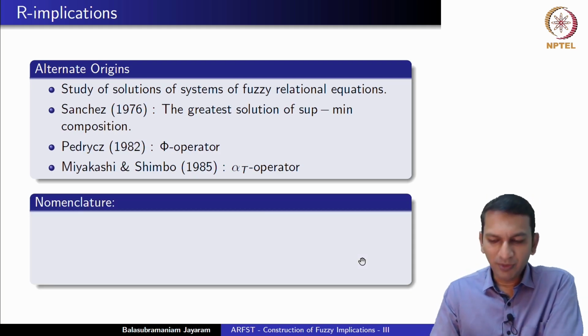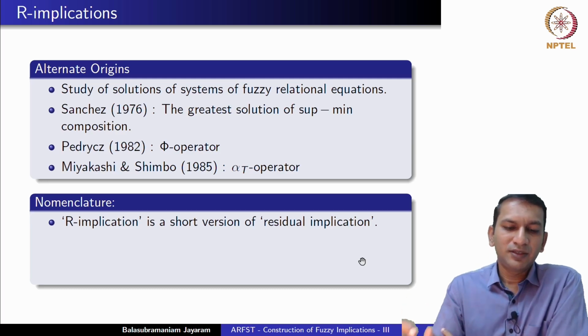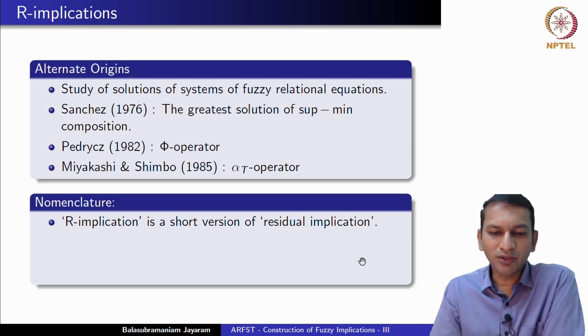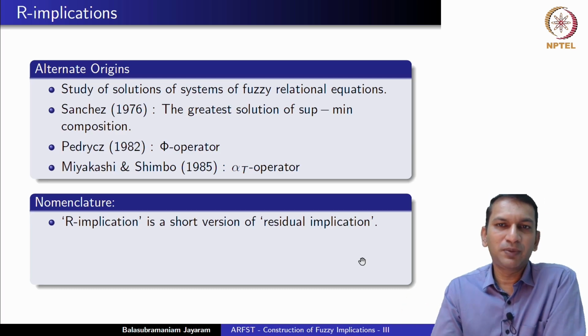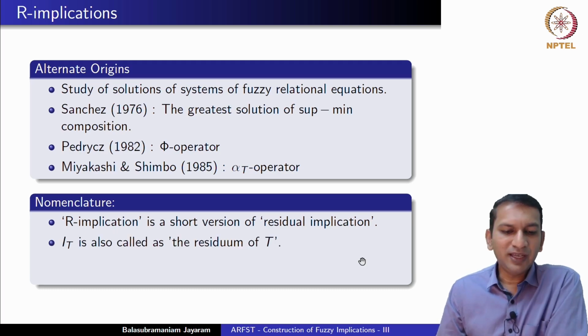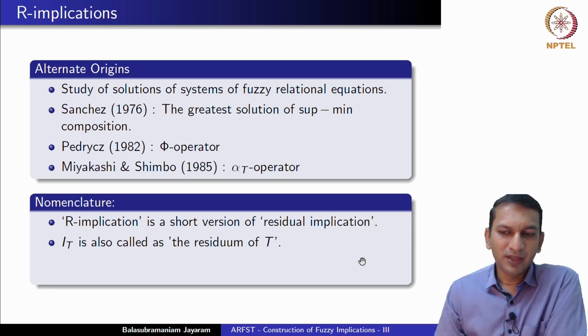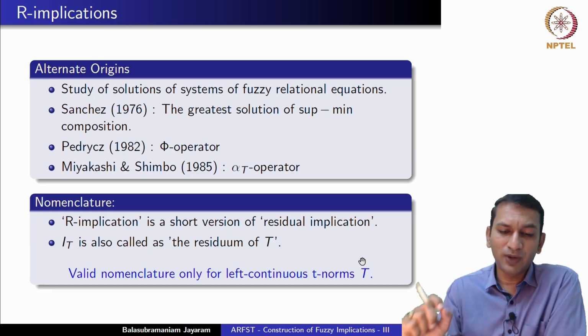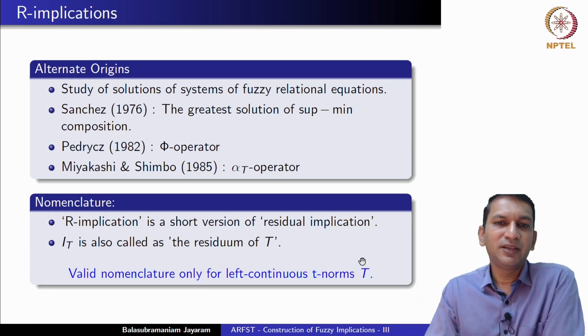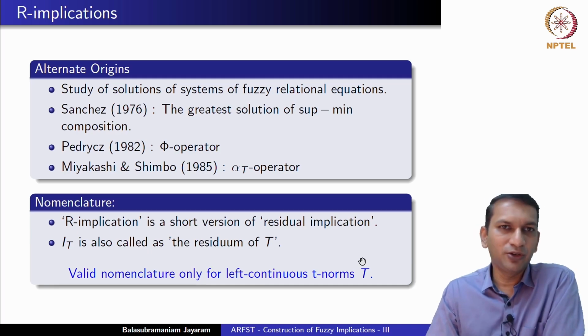Finally, a word about the nomenclature. The term R implication itself is a shorter version of residual implication, but we should be very careful in using this. I_T is also called the residuum of T, but this nomenclature is valid only if the T norm is a left continuous T norm.